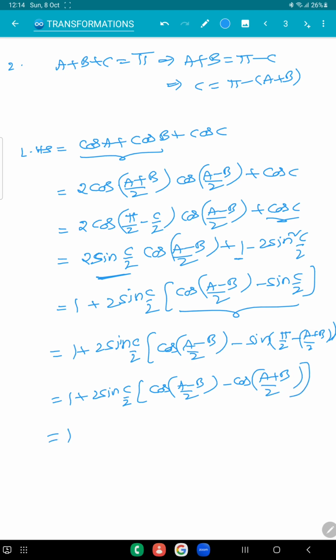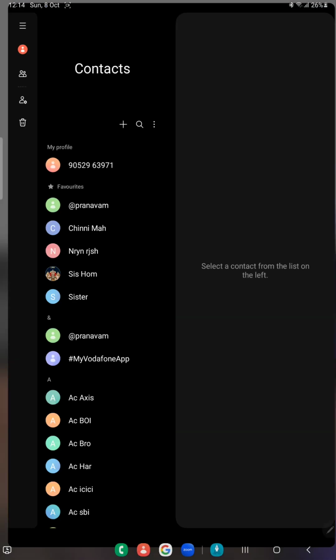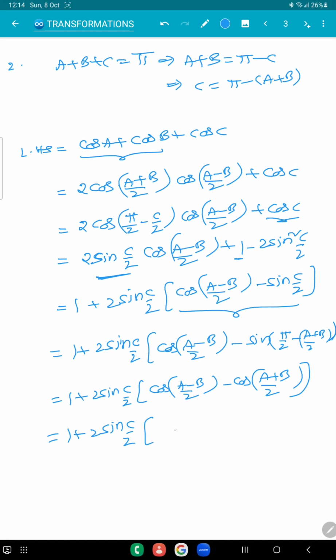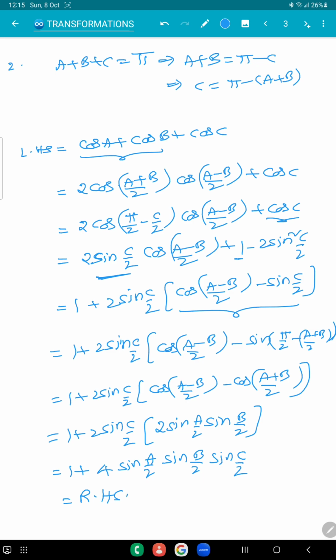Now observe that 1 plus 2 sine c by 2 into cos difference minus cos sum gives 2 sine a by 2 sine b by 2, so 1 plus 4 sine a by 2 sine b by 2 sine c by 2, that is equal to the right hand side.